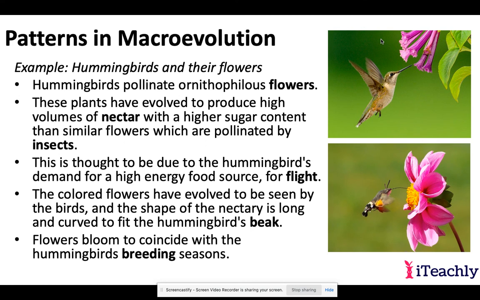An example of this is, if the flower changes, then the hummingbird has to adapt to that change, and so it will evolve as well. Same thing with insects and flowers. Their food source changes, so they have to change along with it, or they will become extinct. The previous organism will probably become extinct.